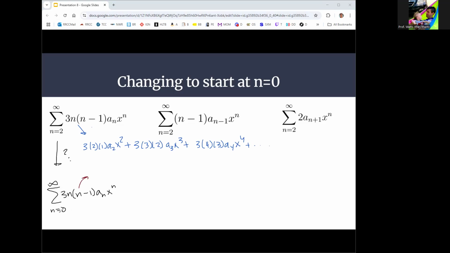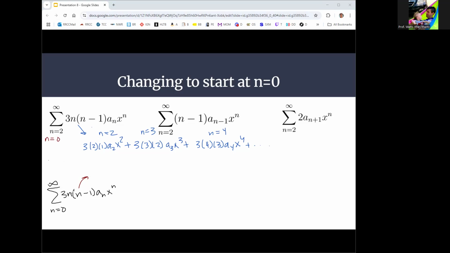So for the bottom sum, the terms are the same, but we start when n equals 0. Remember, this is n equals 2, n equals 3, and n equals 4, and those will still be the 2, 3, and 4 terms.